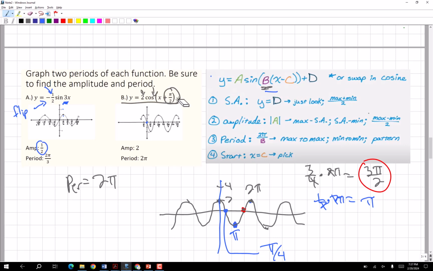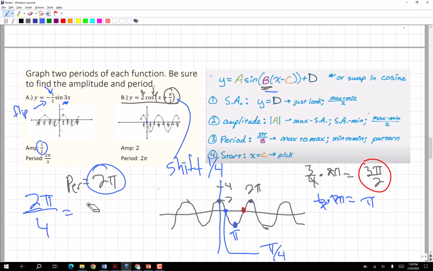So pi over 2 means I shift it 1/4 because pi over 2. So the period, if I divide this into fourths, 2 pi over 4 is pi over 4.